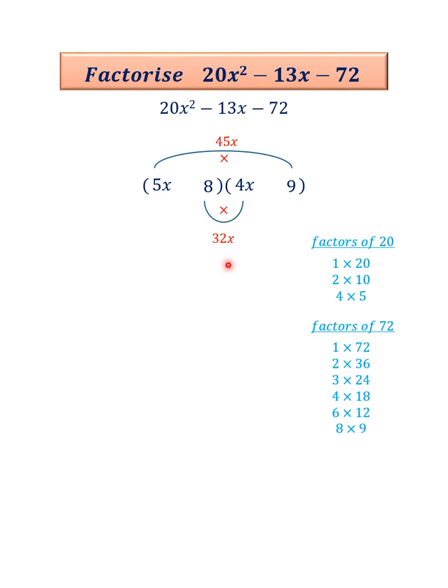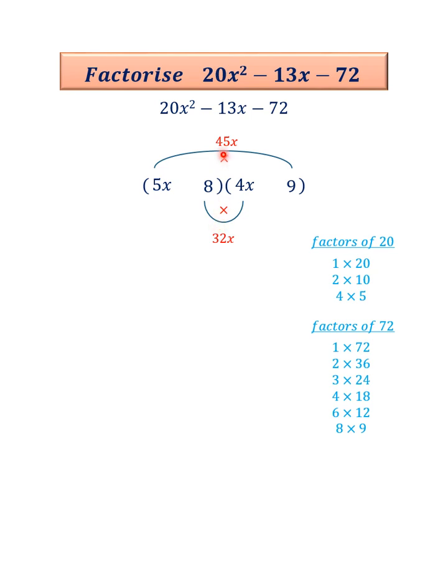The next thing you want to do is to check if 45x can combine with 32x to give you negative 13x. If it can, then let's see how it's going to combine. You will agree with me that negative 45x plus 32x is going to give us negative 13x.